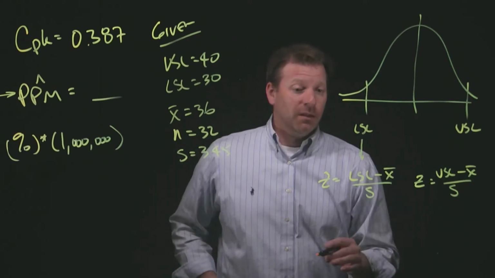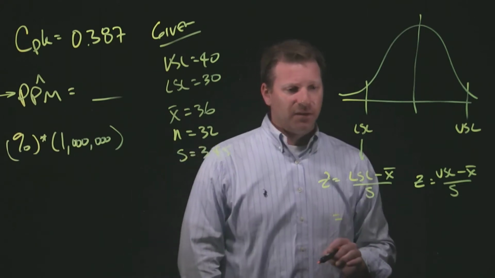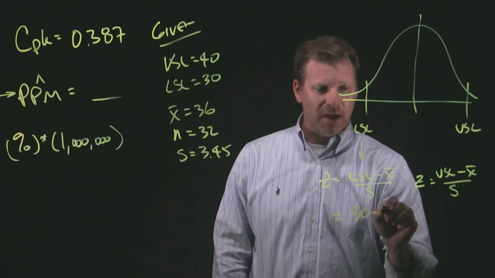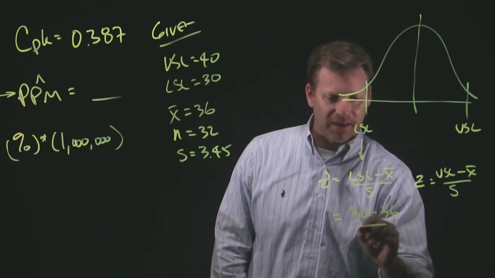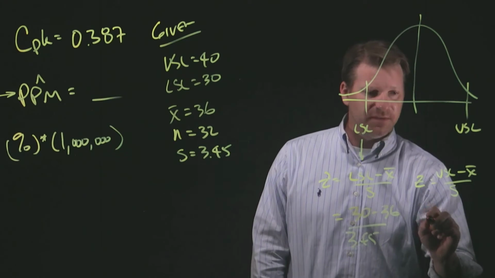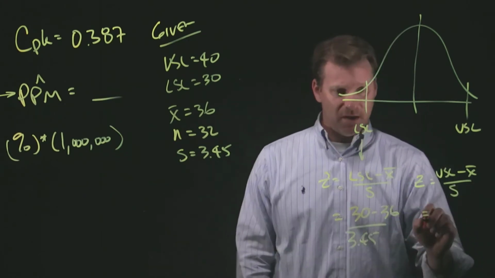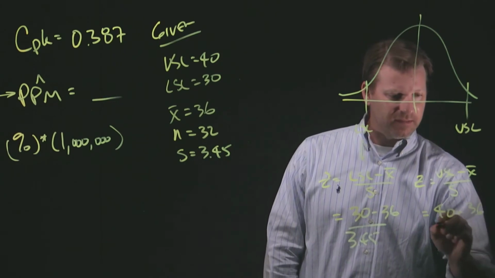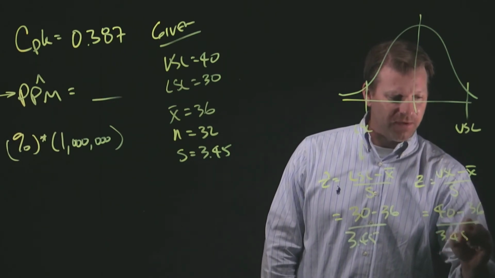So for the lower specification limit, we've got 30 minus 36 divided by 3.45. Our z-value for the upper specification limit is 40 minus 36 divided by 3.45.